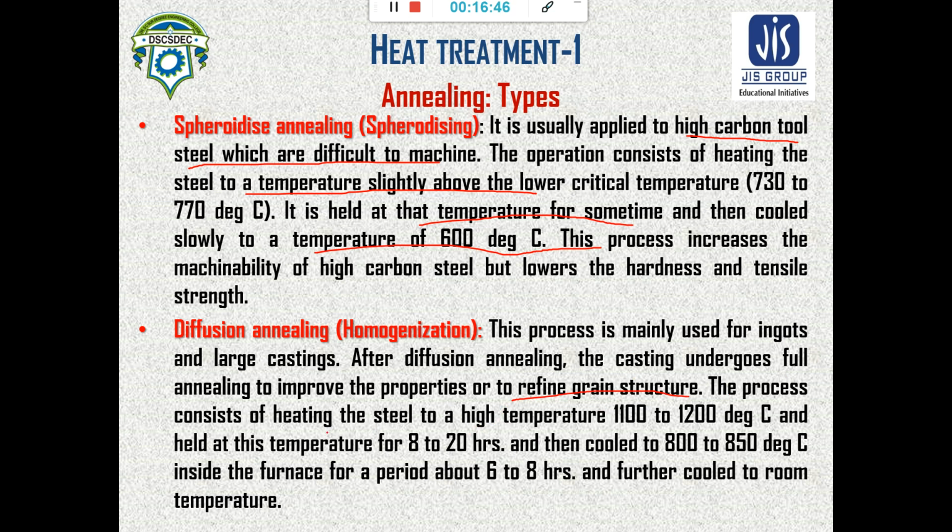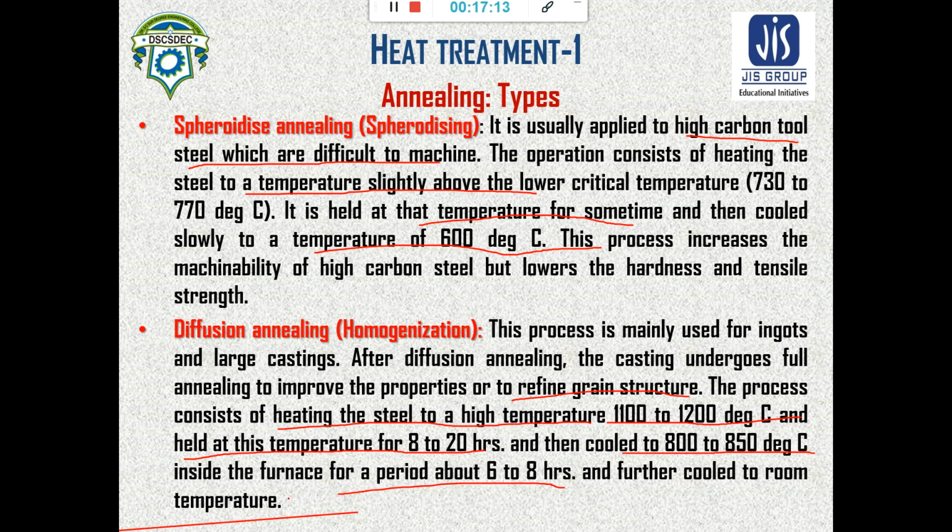This process consists of heating the steel to a high temperature of 1100 to 1200 degrees Celsius, holding it at that temperature for 8 to 20 hours. Then it is cooled to 800 to 850 degrees Celsius inside the furnace over a period of 6 to 8 hours, and further cooled to room temperature.